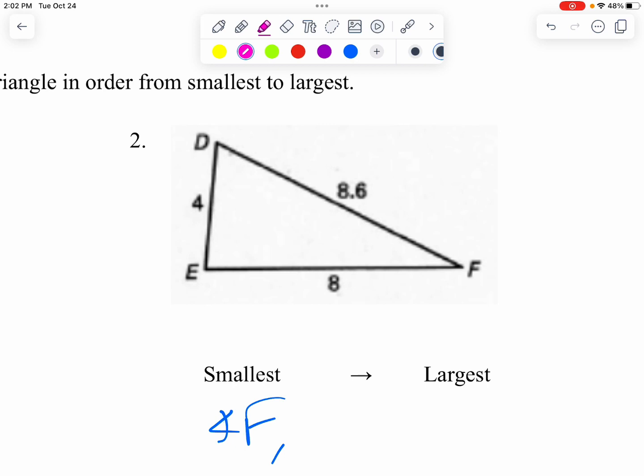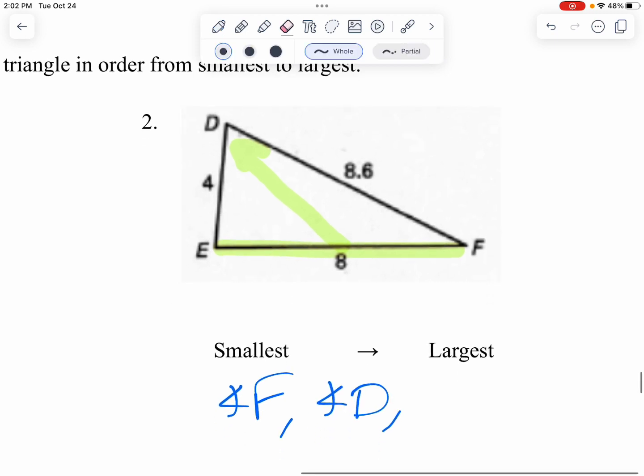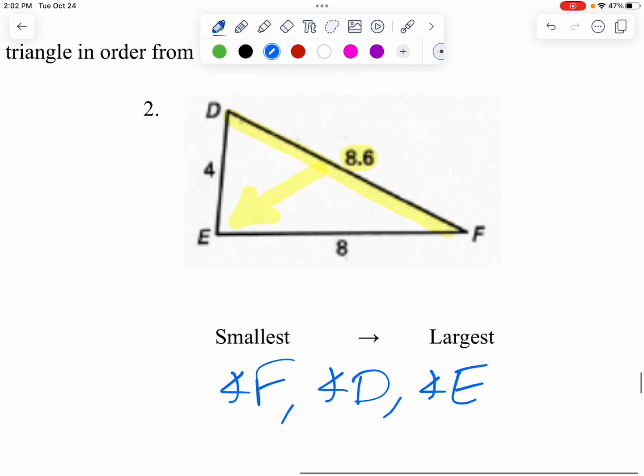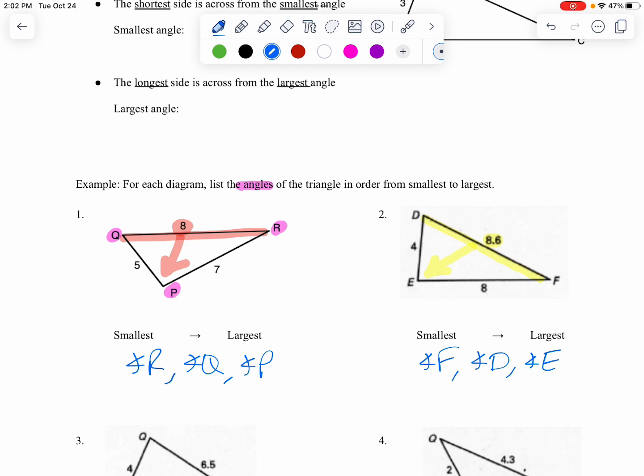So the middle side is 8, and that is across from angle D, which means D is the middle angle in terms of smallest to largest. And then the biggest one, the 8.6, this is my longest side, and it happens to be across from the biggest angle, which is marked angle E, okay? When I ask for angles, I need to make sure that you give me angles, okay?